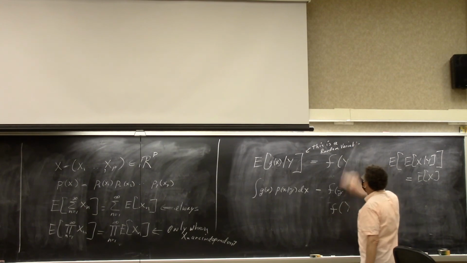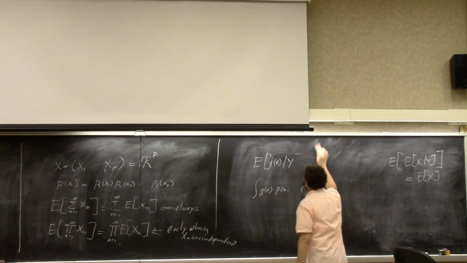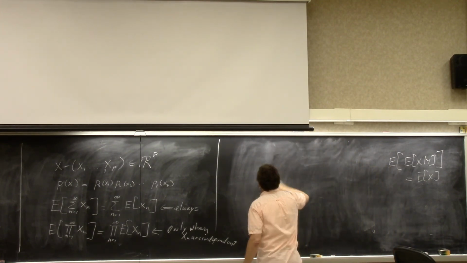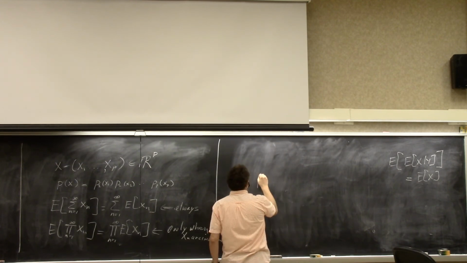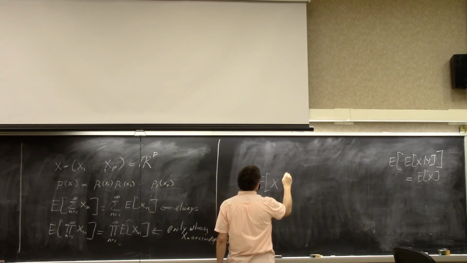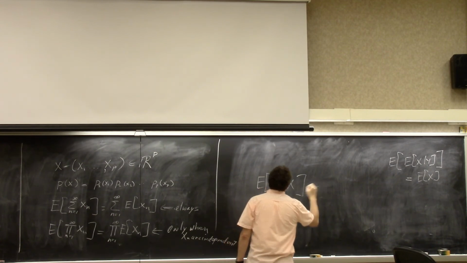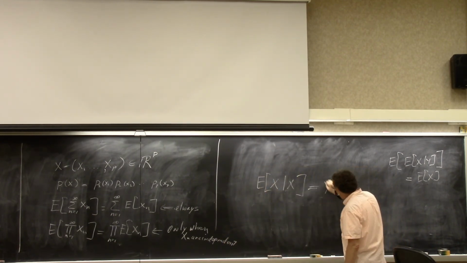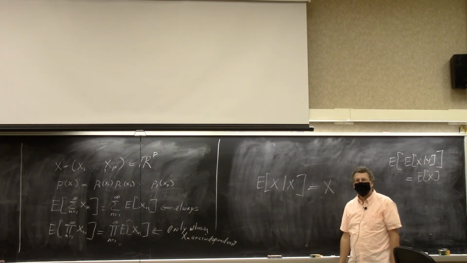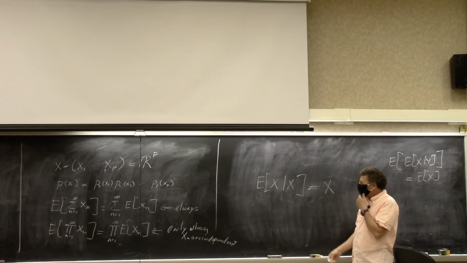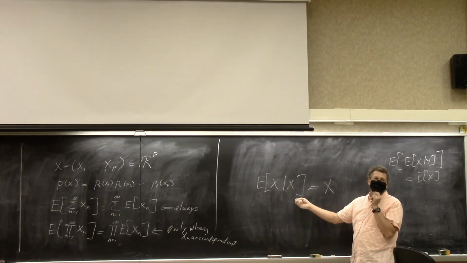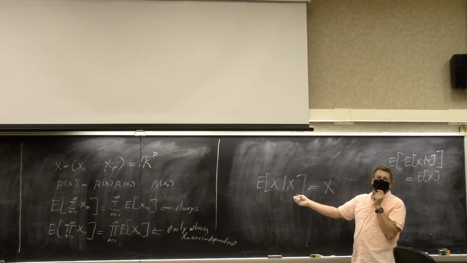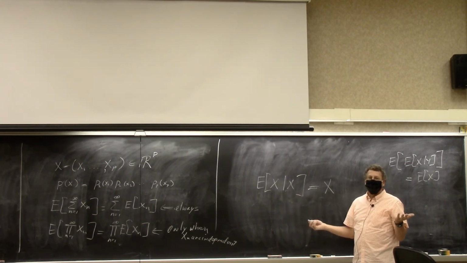There's one other thing that's weird and pretty interesting, okay? This freaks everybody out. The conditional expectation of x given x is x. I like to refer to this as what's in a jar of peanut butter, okay? Because what's in a jar of peanut butter?